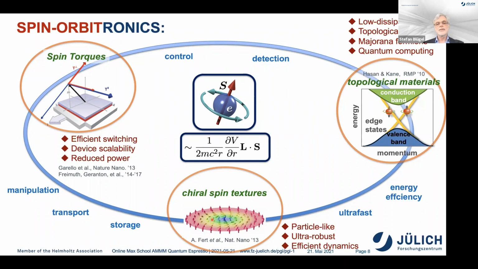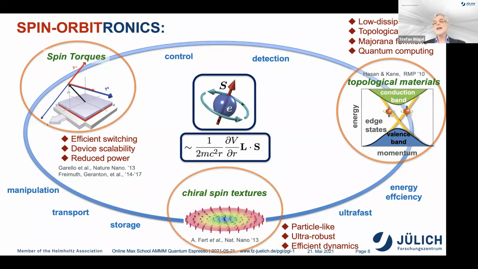And there is the hope that such an entity may be an information carrier, with which you can store information. Then, of course, this is very robust because it has a topological nature. It can be described by a non-trivial topological invariant in real space.